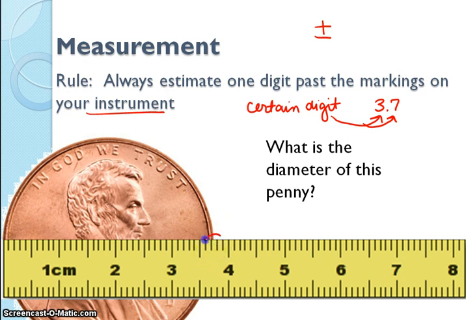Then what we would do is zoom in on this measurement and look at these two hash marks. Now, if we could zoom in and see a picture of this, it would look like this. And we would be able to divide this up into 10 separate pieces. So 3, 4, 5, 6, 7, 8, 9, and then the next hash mark.